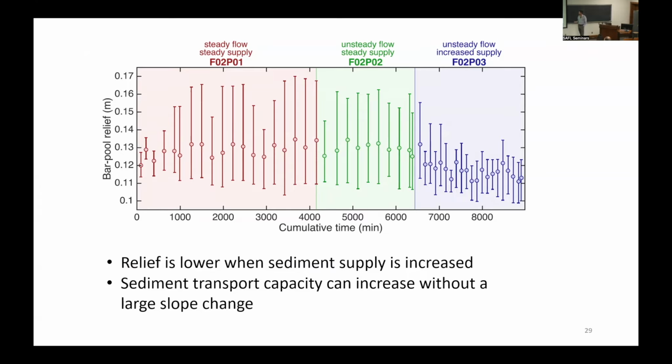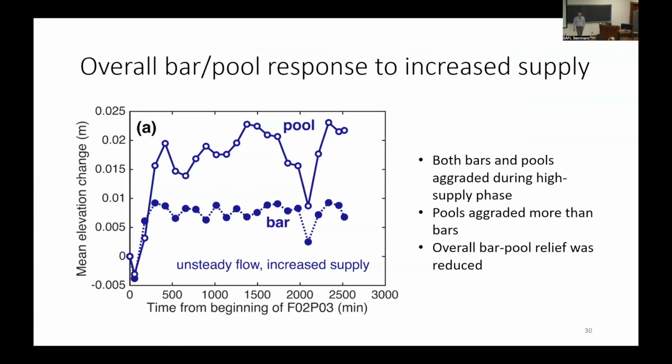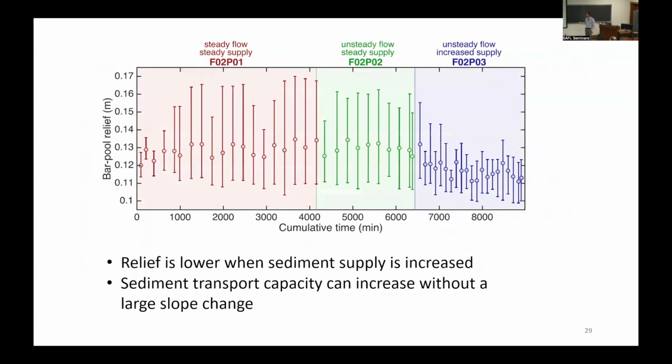We were able to essentially reduce the overall roughness of the system by smoothing out those topographic variations that had developed during the first two phases of the experiment. And we didn't need to have a large slope change to be able to move a lot more sediment than we were beforehand. Are the error bars the lateral variations?